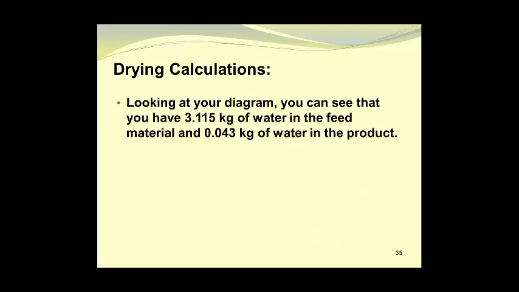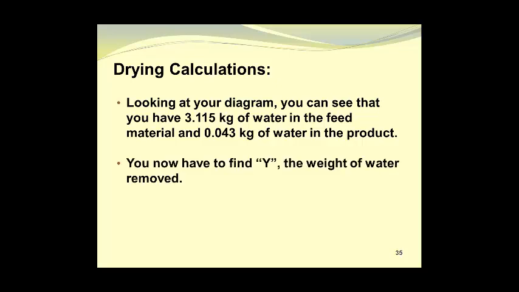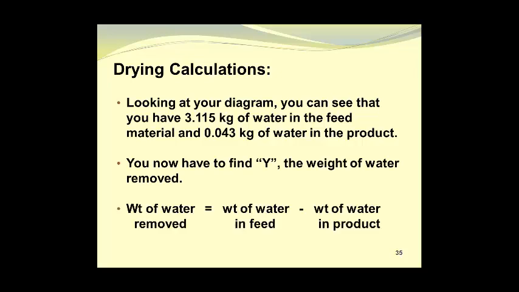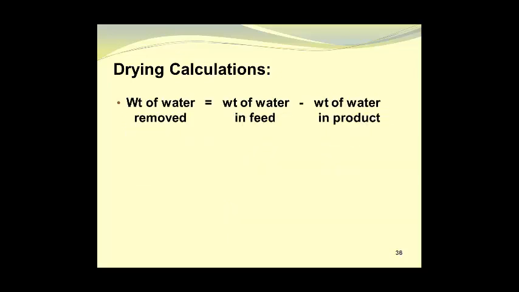Looking at the diagram, we can see that we have 3.115 kilograms of water in the feed material and 0.043 kilograms of water in the product, and we can now find Y, the weight of the water removed. That's equal to the weight of the water in the feed minus the weight of the water in the product: 3.115 kilograms minus 0.043 kilograms.